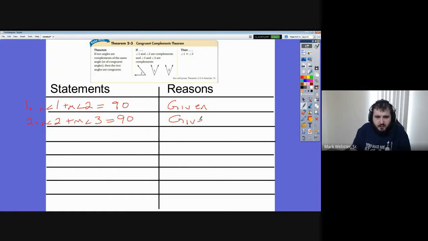Again, that's given to us because they say that they're complementary. So now, again, same thing using that transitive property, right? Angle 1 and angle 2 add up to the same thing as angle 2 and angle 3.